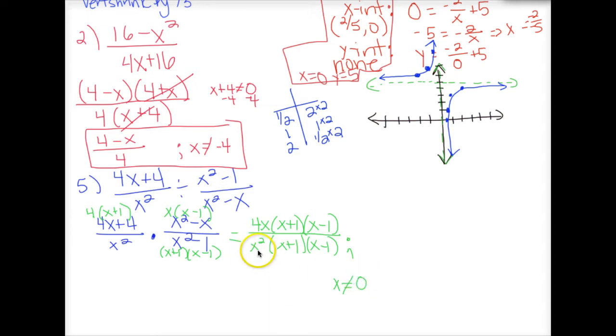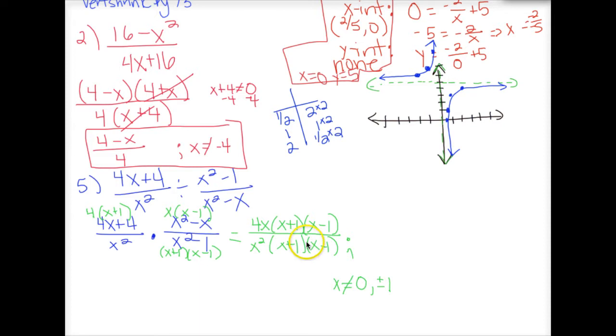So, can't have 0. This means that I can't have either positive or negative 1. I search through all my denominators. I don't see anything. Remember that because this was division, I also have to check my original denominator, which is the new numerator. This is a 0, this is a 1, so I've already covered those. So I've covered anything that would ever make the denominator 0 with my restriction.